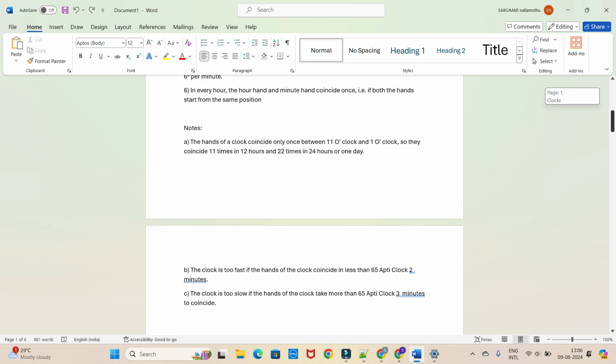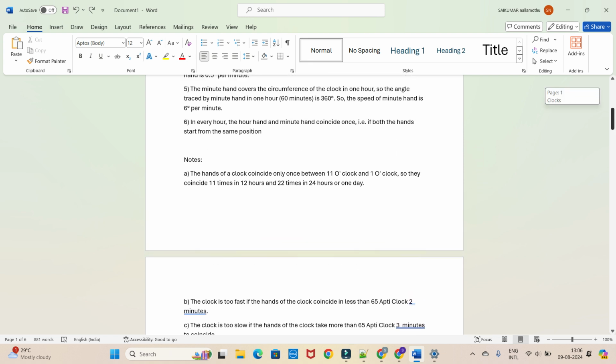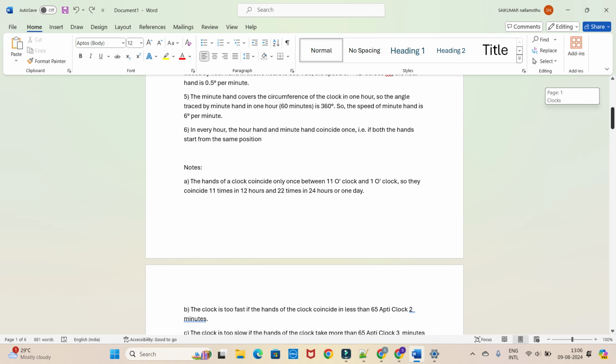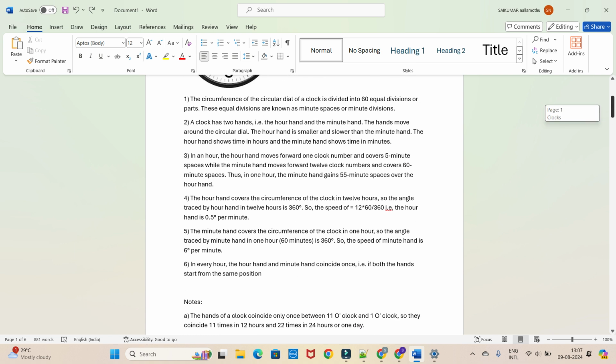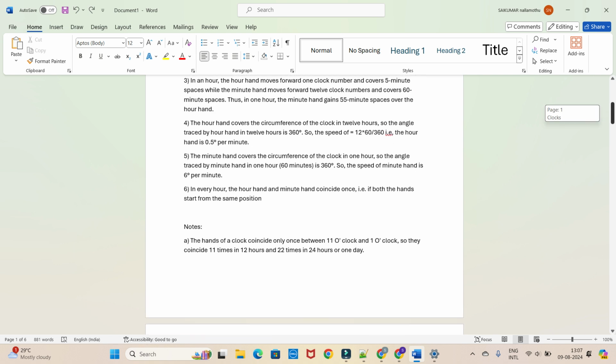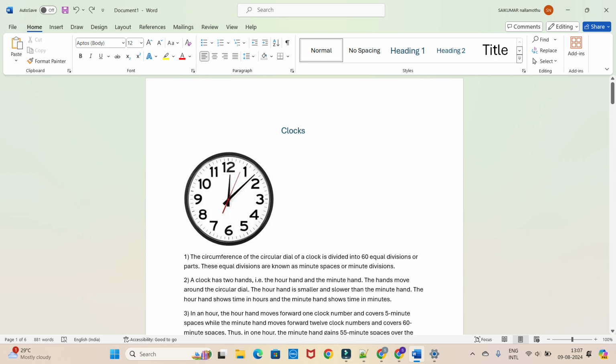Coming to the next one: in every hour, the hour hand and minute hand coincide, that is, both hands form a straight position. What is a coincidence? You can see at exactly 12 a.m. or 12 p.m., the hour and minute hands come together.